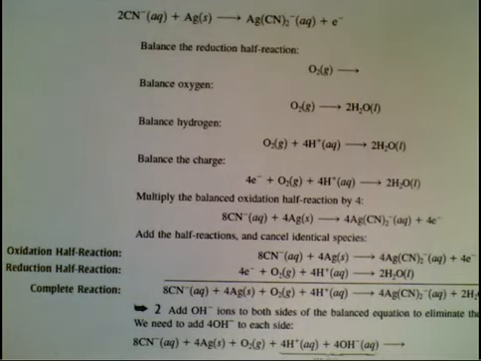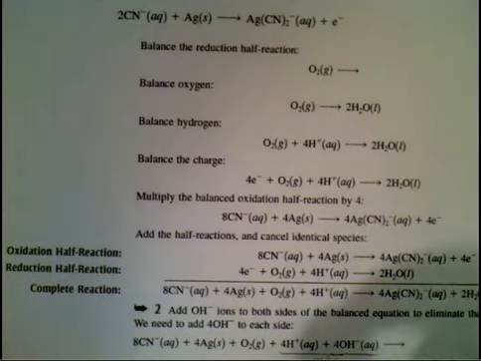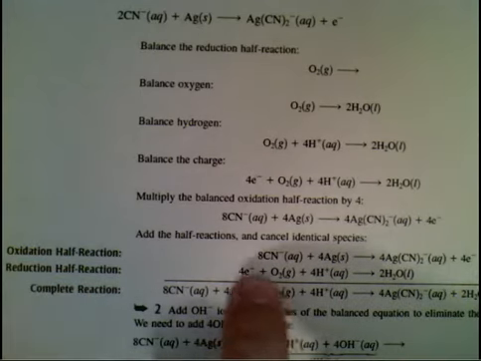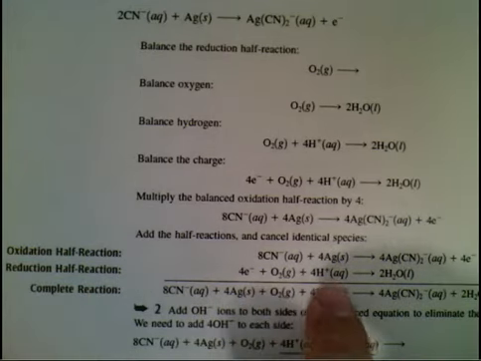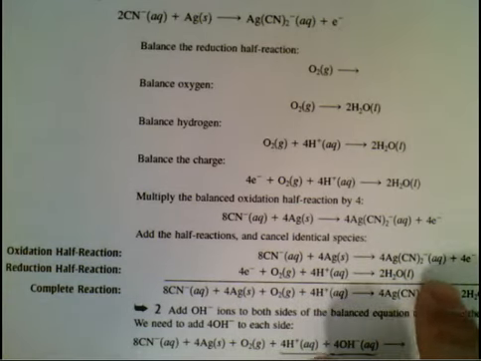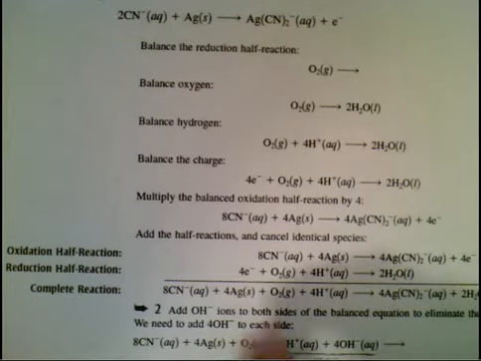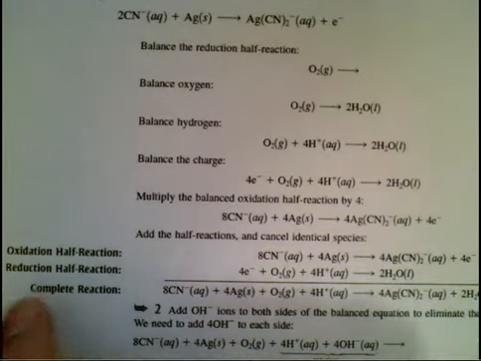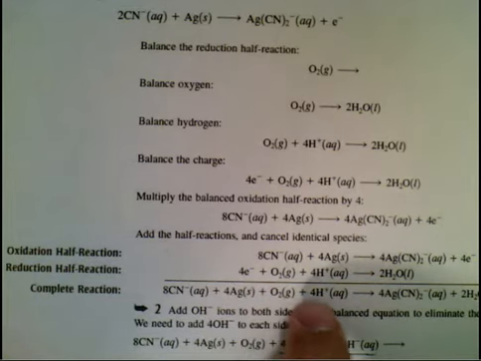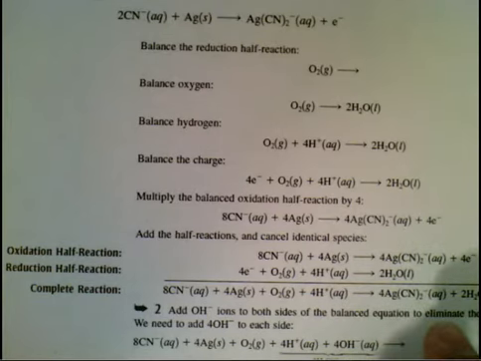When we add the half reactions and cancel identical species, we end up with, okay, here's my oxidation half reaction. It's the 8 CN- aqueous plus 4 silver solids reacting to form 4 silver cyanides -1 in the aqueous form, and then 4 electrons. And then our reduction half reaction, 4 electrons plus O2 in the gaseous form, and 4 H+1s react to form 2 H2Os in the liquid form.